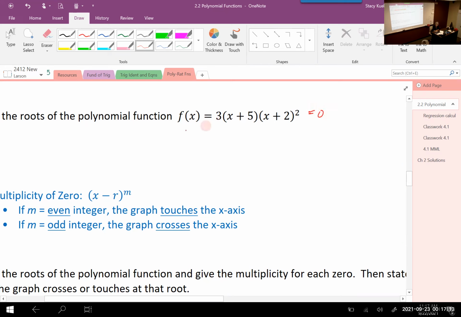The 3 is a constant, so we don't set it equal to 0; it would just typically divide off. So I can set each of these factors, x plus 5 equal to 0, as well as x plus 2.